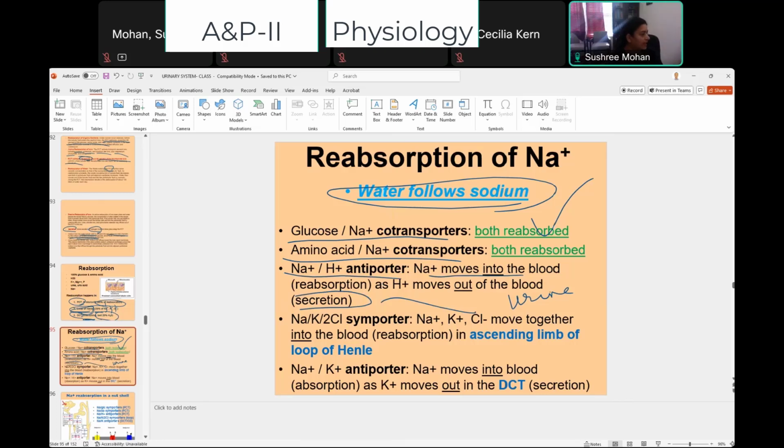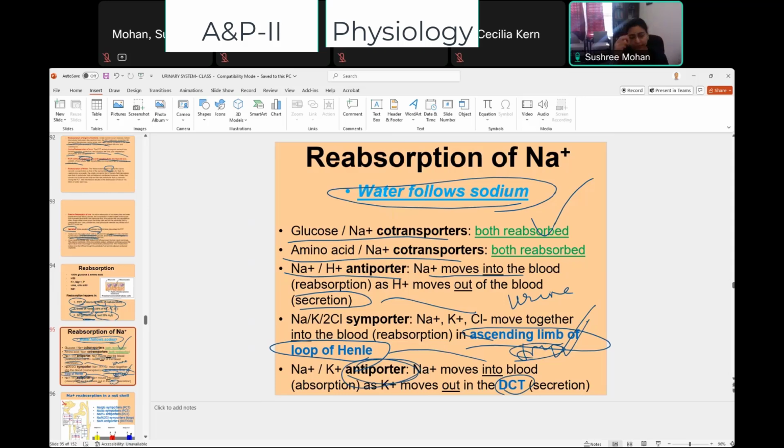Sodium, potassium, and chloride are symporters. They move together into the blood, reabsorbed in the ascending limb of the loop of Henle. In the ascending limb, you're going to find sodium, potassium, and chloride are friends, going back into the body together. But in the DCT, you will find that it is an antiporter.